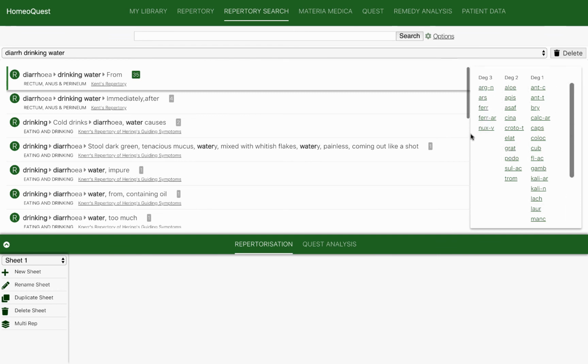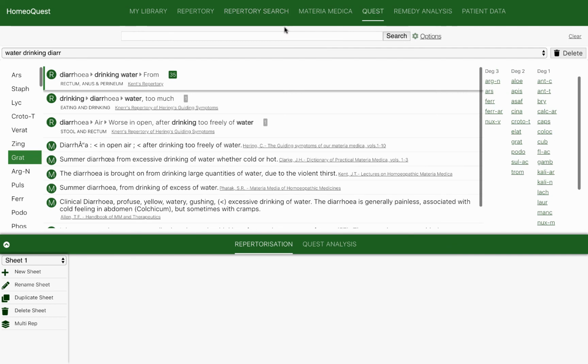But look at all the different rubrics and remedies you would have to go and read from the Materia Medica, whereas when you use Quest you just have it all there for you. You can make such quick prescriptions because you're looking at the top remedies here, and you just have to choose from those 5 or 6 remedies and get to where you want. It is your database at your fingertips, right?